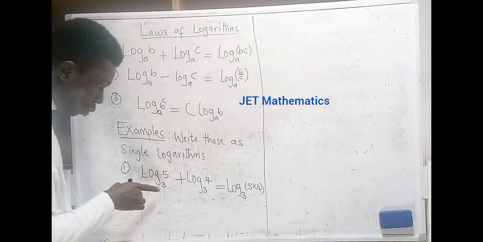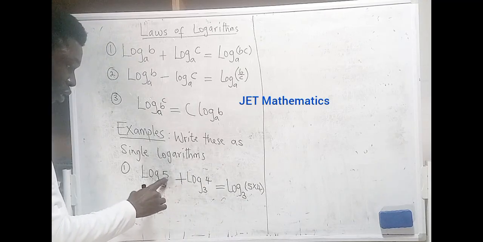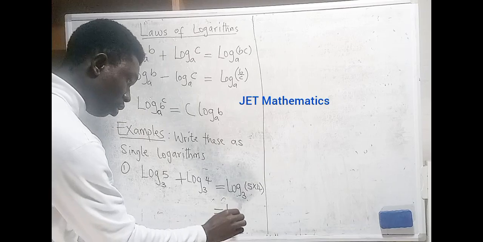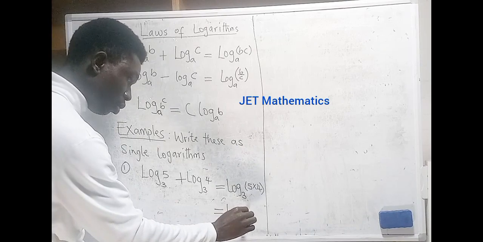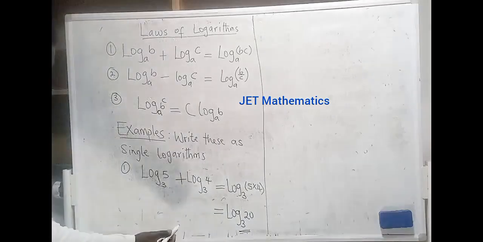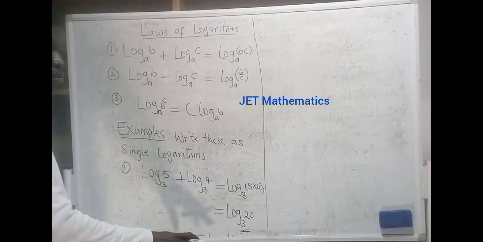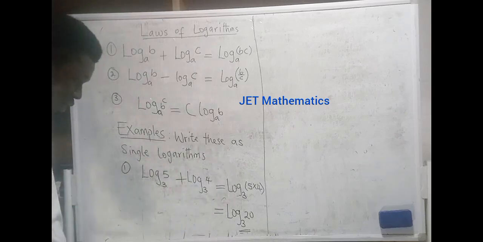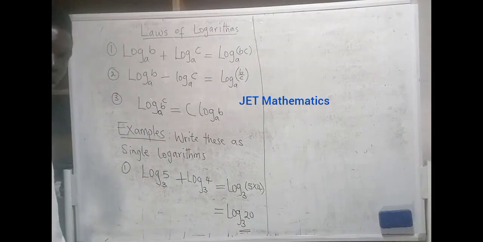So our final answer becomes log 20 to base 3. Pretty easy, right? In our subsequent videos, we'll see how to simplify further after learning some other laws. We just wrote this as a single logarithm.